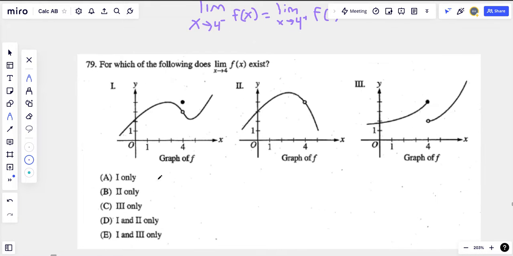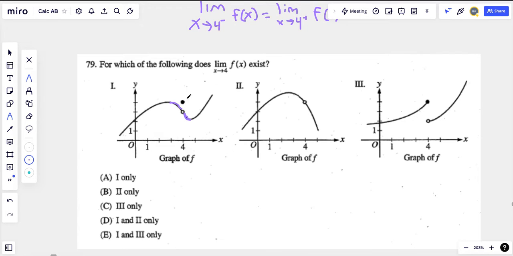So if we look at the first case, the limit from the left, as we move closer to 4 from the left, it means we're going down like this. We're moving closer to 4, okay? And the limit from the right of f of x, as x goes to 4, you can see this is also going close to 4.